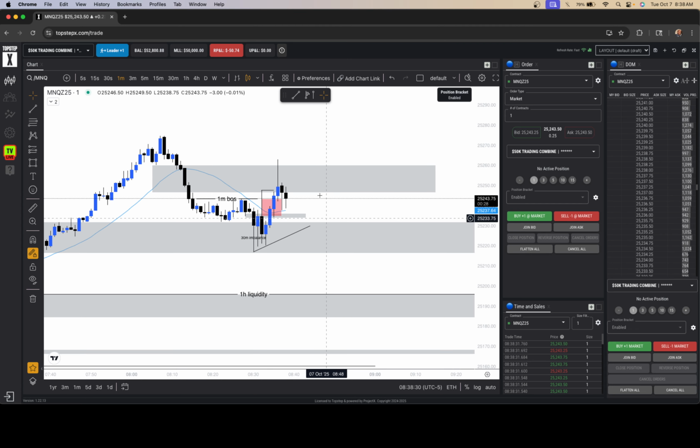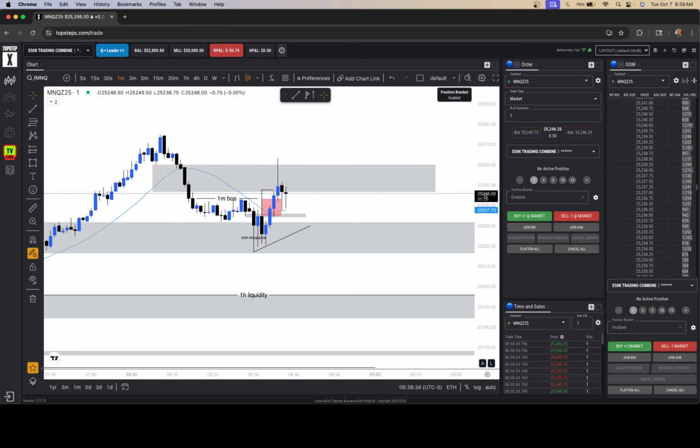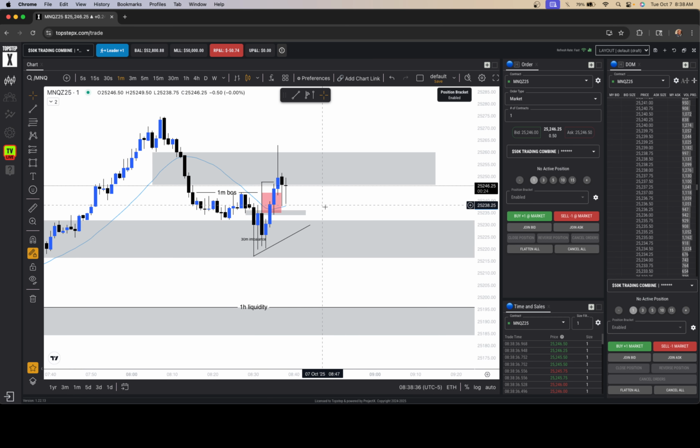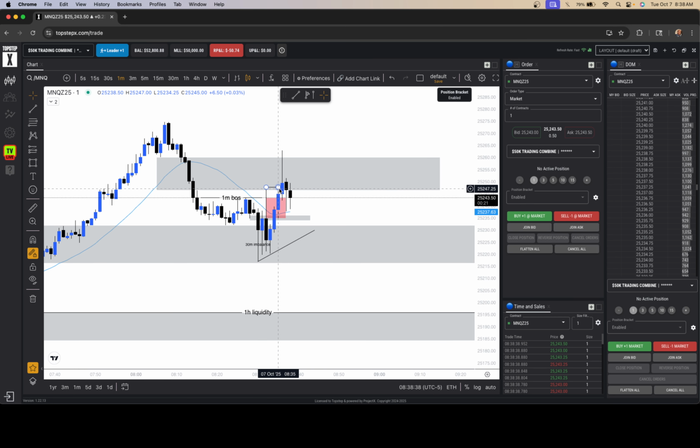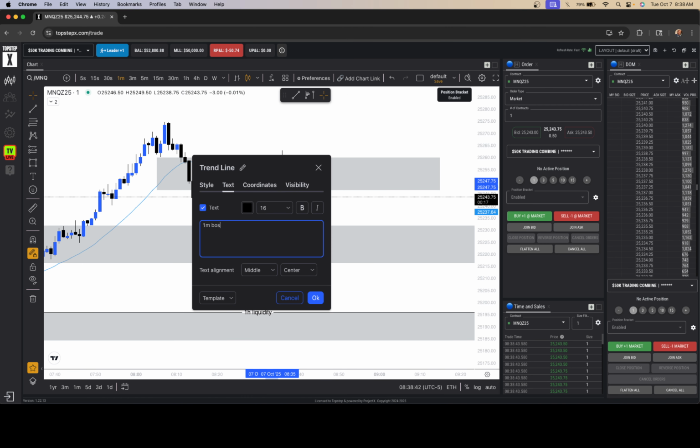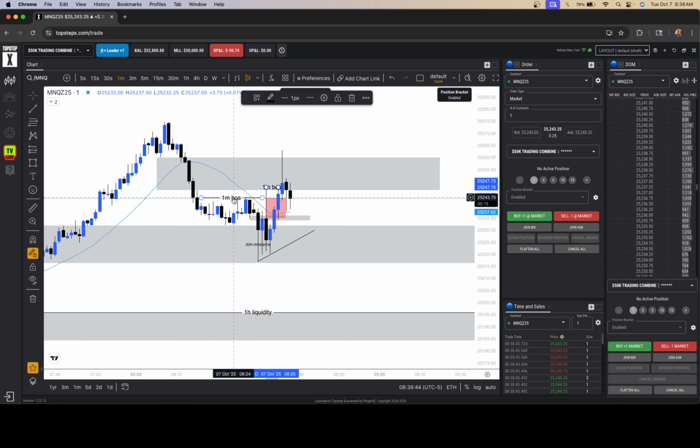All right. We're waiting to see what happens next. It's a strong push down from the sellers right now. Breaking structure to the upside.